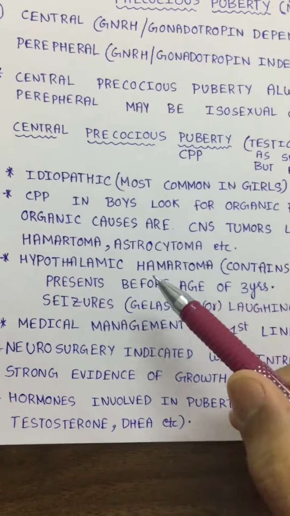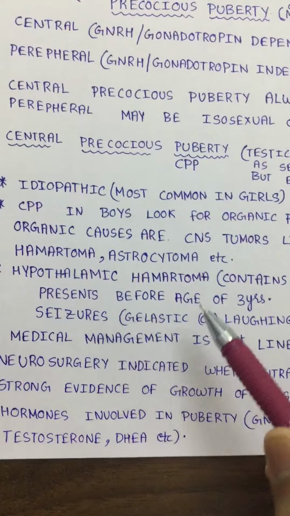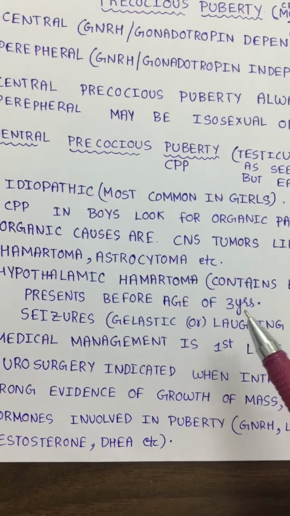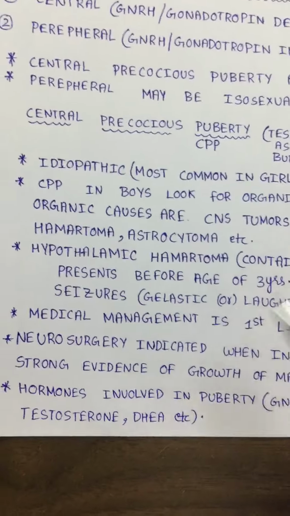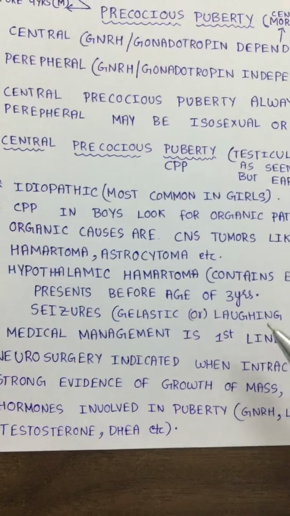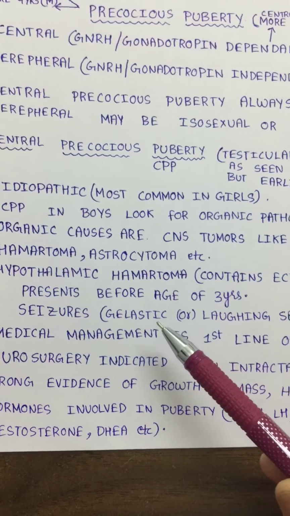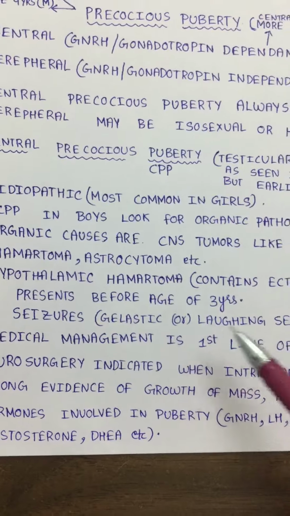In hypothalamic hamartoma, precocious puberty can be seen as early as before 3 years of age. In this hypothalamic hamartoma, seizures are common. The seizure type particular to hypothalamic hamartoma is gelastic or laughing seizures.